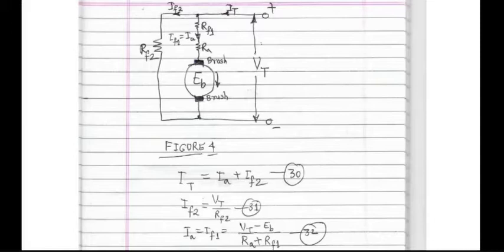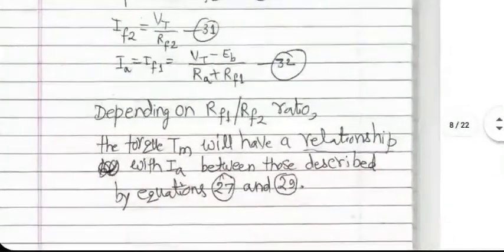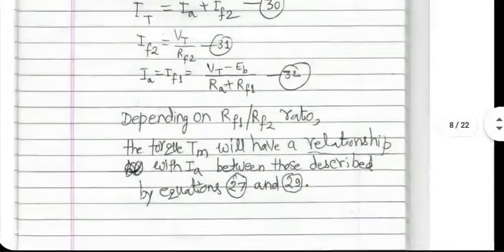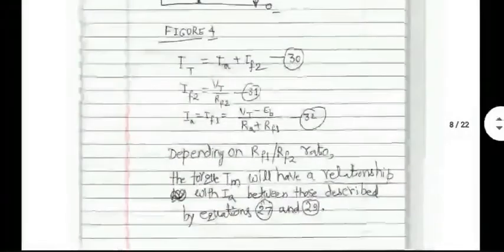So RF1 divided by RF2 ratio determines the level of compounding: how close you are to series case versus how close you are to parallel shunt case. So depending on that ratio, the torque versus IA characteristic will change from linear to square.